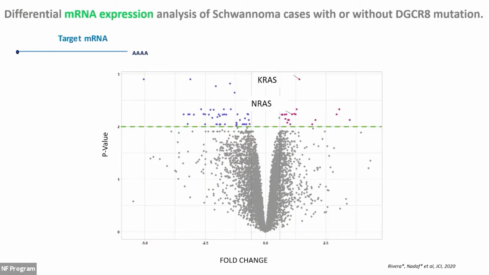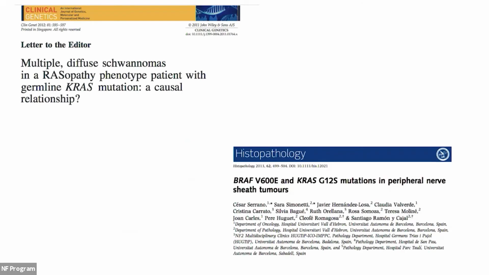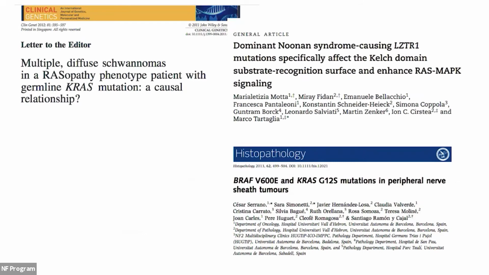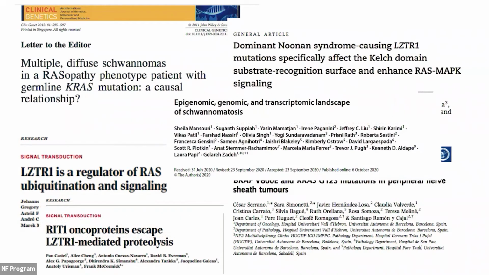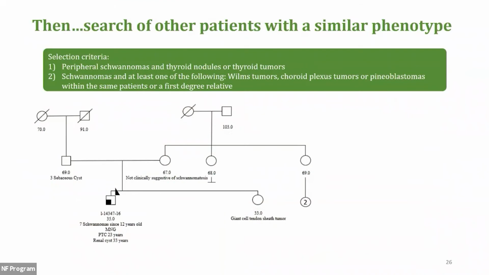Obviously, after Dr. Sablina's talk, I don't need to explain the multiple links between schwannomas and schwannomatosis genes like NF1 and the RAS pathway. And even the last paper, the genomic landscape of schwannomatosis, showed LZTR1 germline schwannomas to be linked to an overexpression of the MAP kinase pathway.